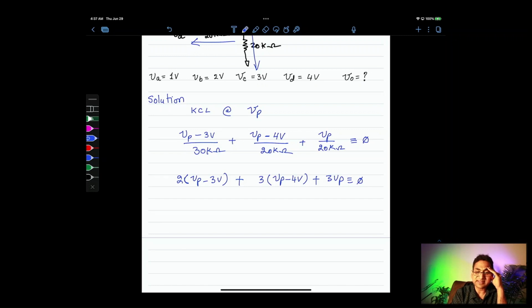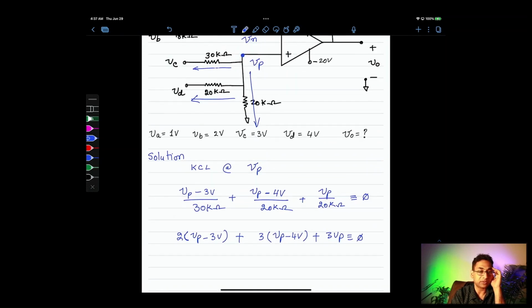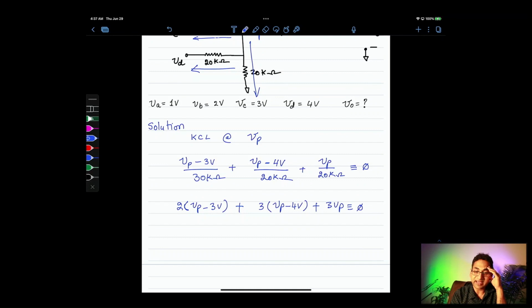Now, separate out all of this. We get 2Vp plus another 3Vp plus another 3Vp, minus 6 minus 12.